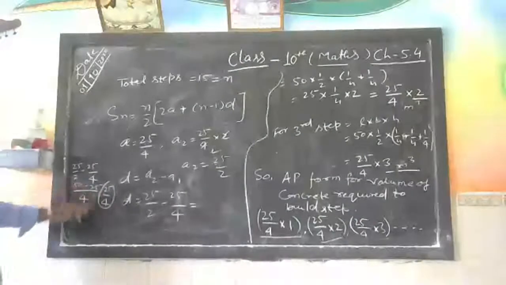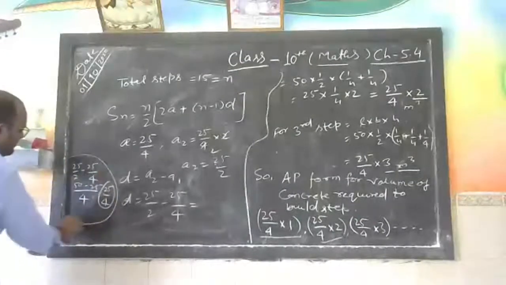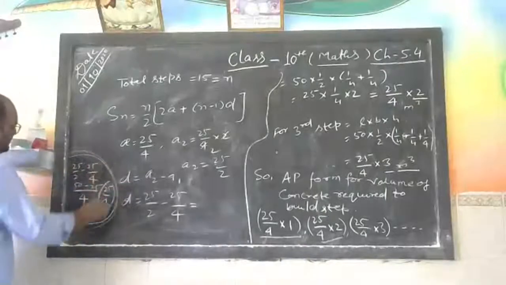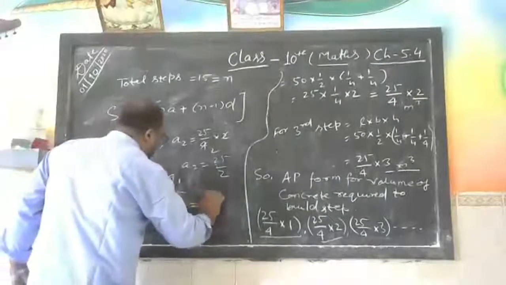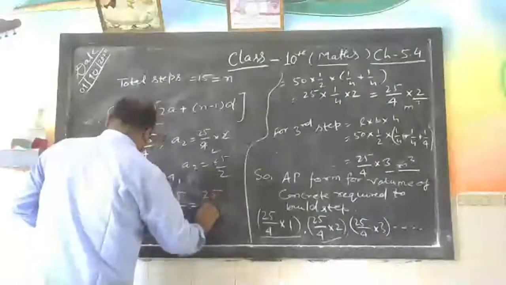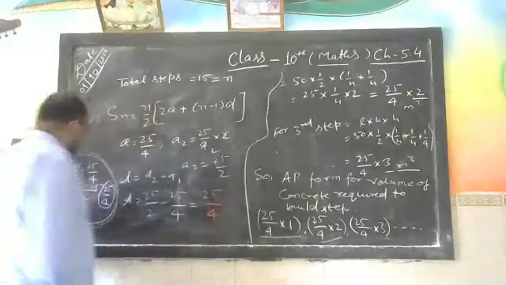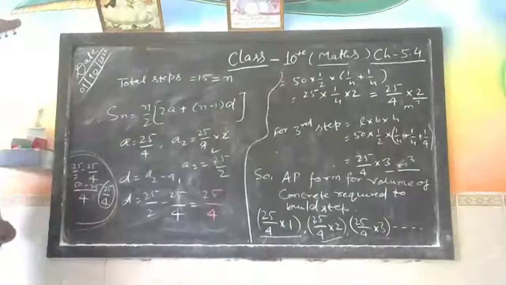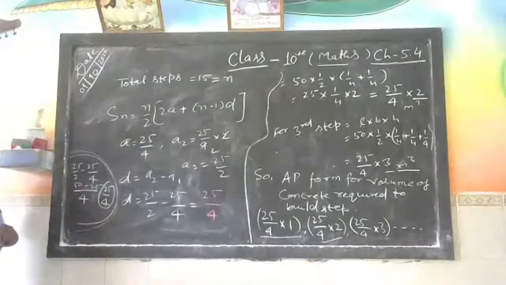Now, D is equal to, after calculating, this is the calculation part. After calculating this D, you are getting 25 upon 4.